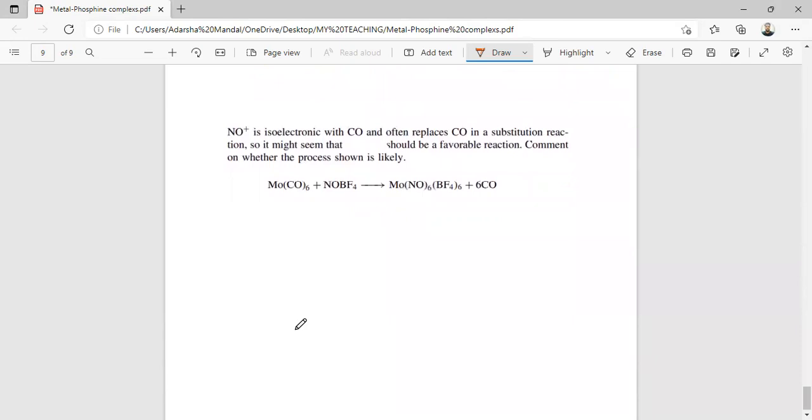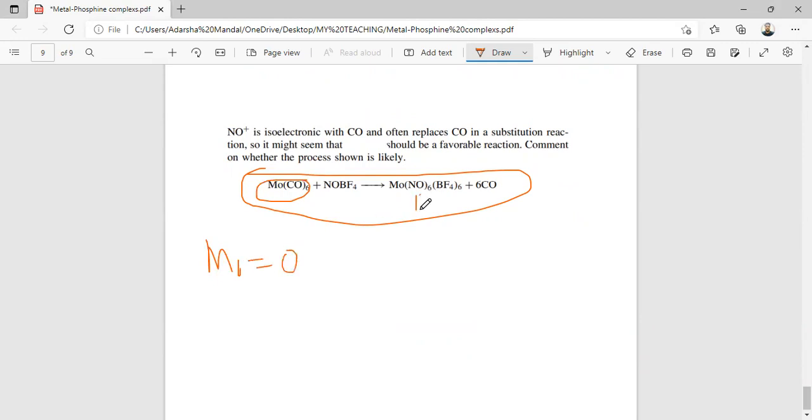So our next question is, NO+ is isoelectronic with CO and often replaces CO in substitution reactions. So it might seem that this reaction is favorable, or not. Here in Mo(CO)6 the molybdenum oxidation state is 0, and here the oxidation state of molybdenum is plus 6.